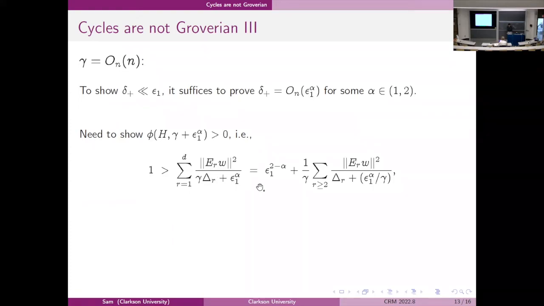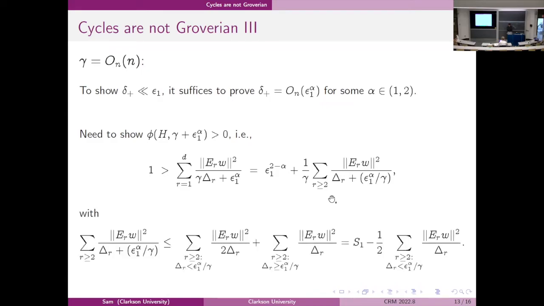And this summation we can separate into two parts, the principal term and the others. So it becomes epsilon 1 to the power 2 minus alpha plus 1 over gamma times the other terms, summing over the other terms. So we focus on the second summation. In fact, we can separate it into two parts because we are comparing delta R and epsilon 1 to the alpha over gamma.